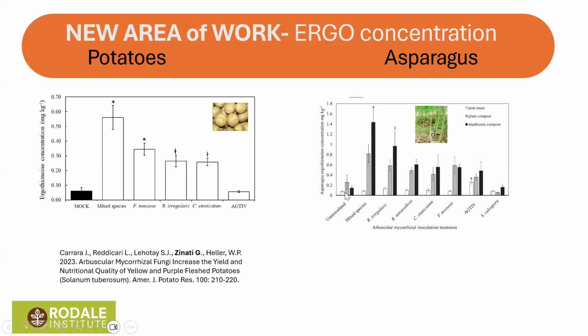All these are sterilized when they started. And then the gray bar represents plant-based compost, like we started on this one here in the potato. And the black bar is the mushroom compost. We wanted to see if we add the inoculum with the mushroom compost and compare it to peat moss or plant compost, how the ergothioneine will change.